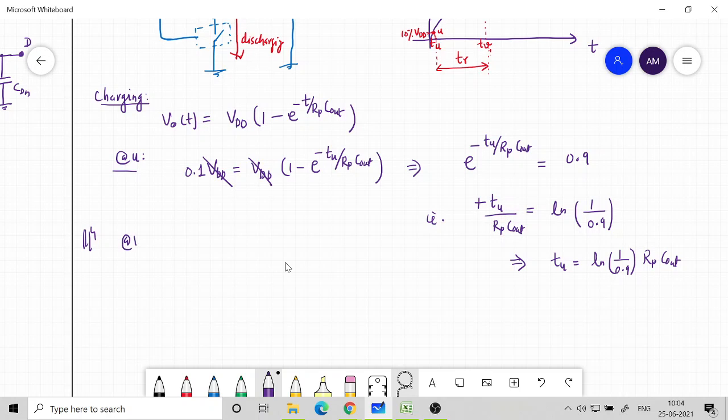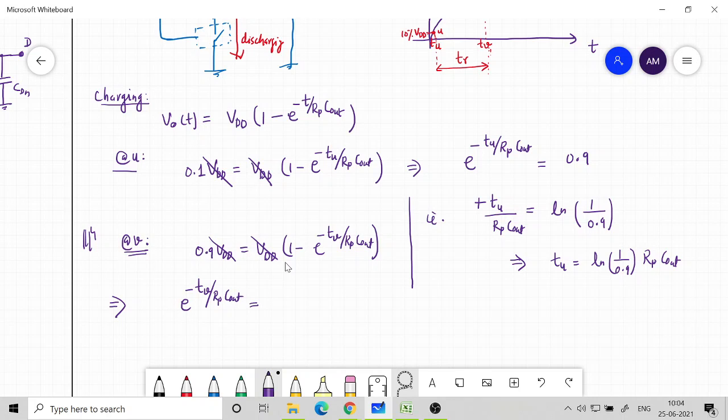In a similar way, I can do it for point V. So point V is where the voltage is 0.9 VDD. The only difference is that U will be replaced with V. So we can again cancel this, and then again I will take this to the left side, and this is going to become 0.1.